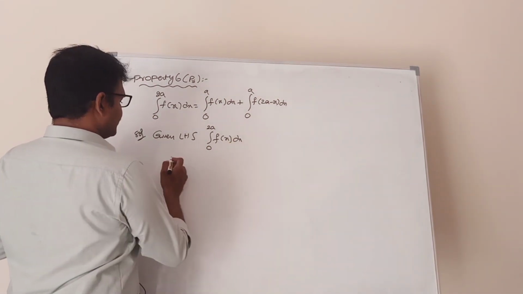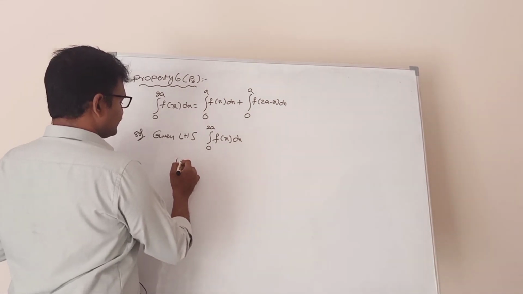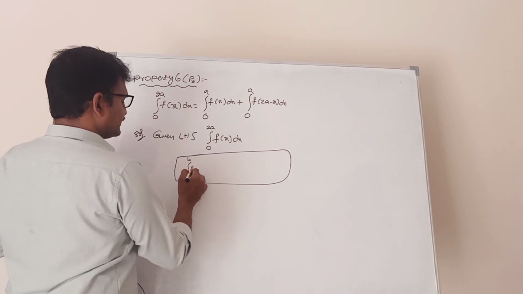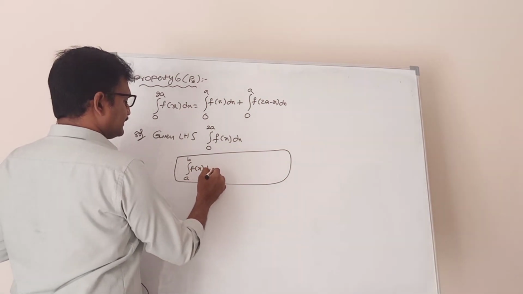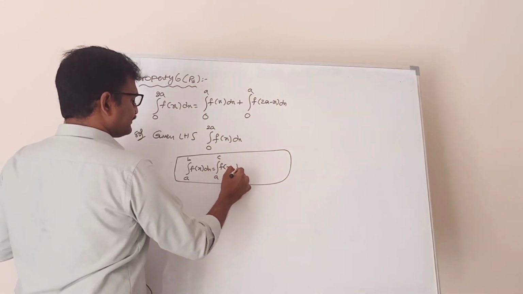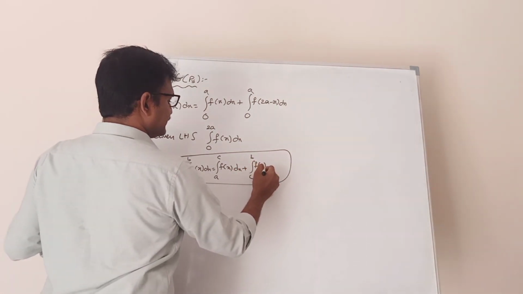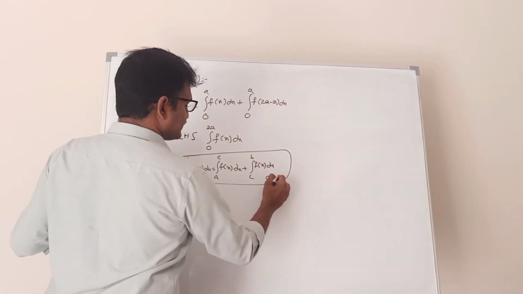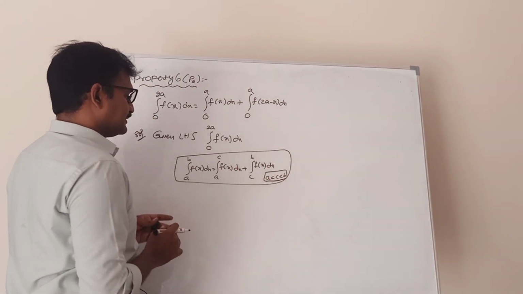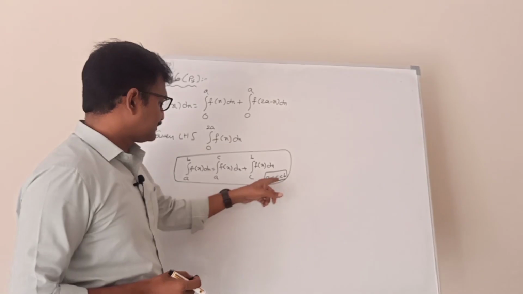So from property number 3, integration of a to b f of x dx is equal to integration of a to c f of x dx plus integration of c to b f of x dx, where a less than c less than b. That means c value should lie between a and b according to this property.